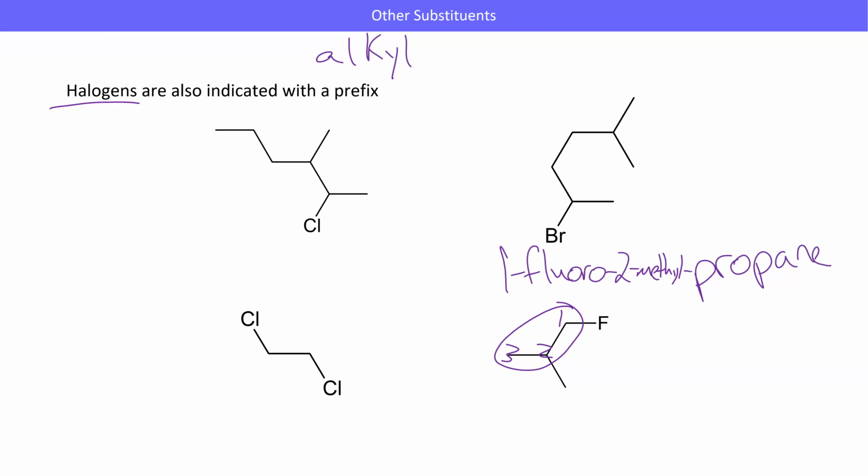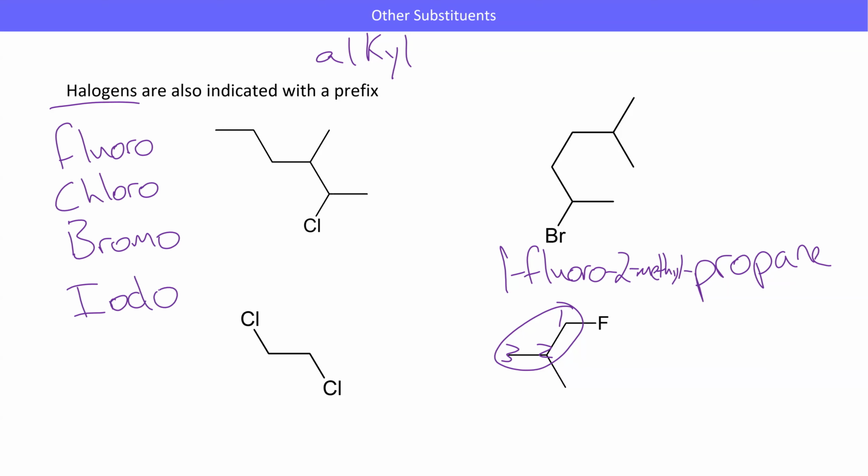So our halogens are then going to be fluoro, chloro, bromo, iodo.